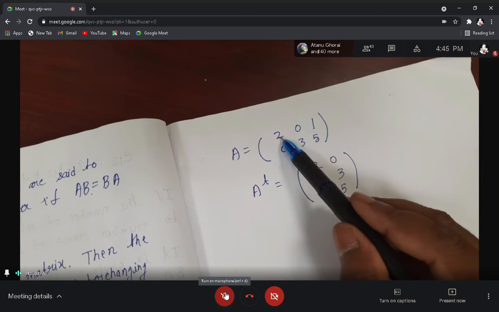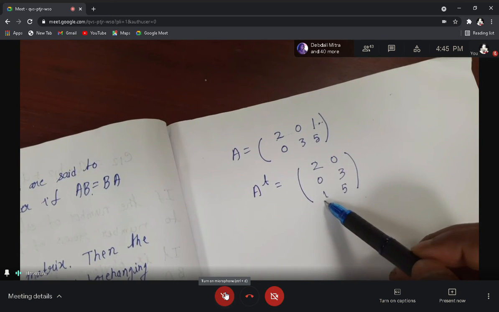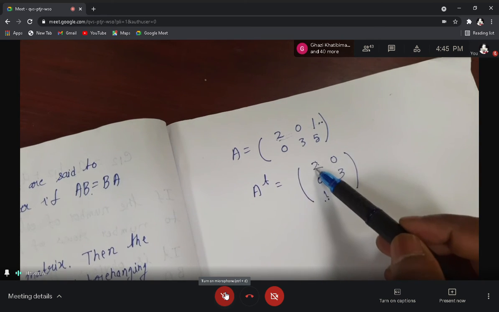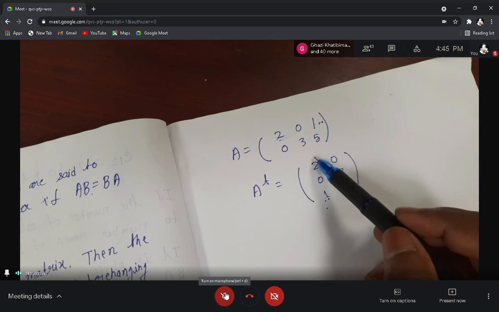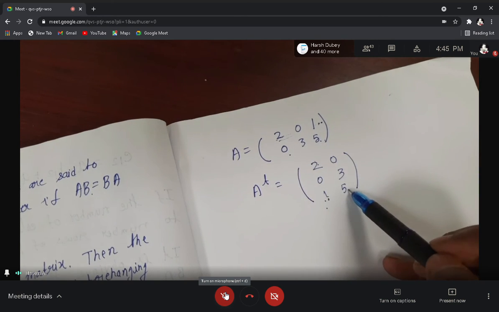Here the first row is 2, 0, 1, so in the transpose matrix the first column is 2, 0, 1, and similarly here 0, 3, 5.